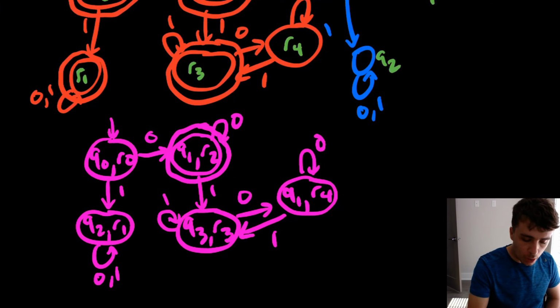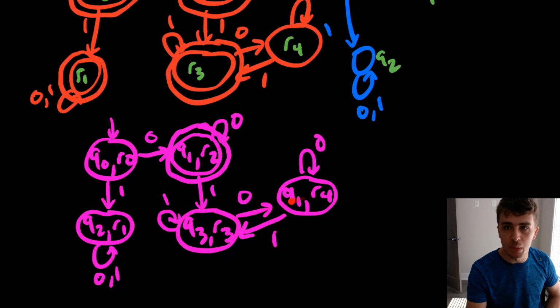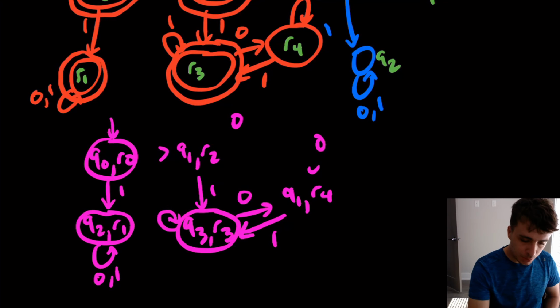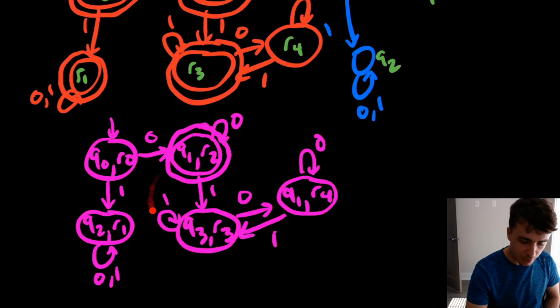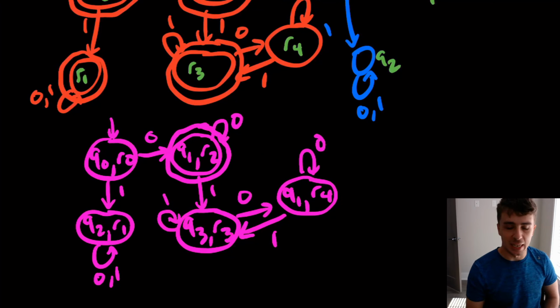So if it has a 1, that means it either started with a 1, which means we never accept, or we're over here in this state and we see a 1 at some point, which means we go to one of these two states, but neither one of them is final, which means we'll never accept anyway. So the only strings that are accepted are the strings of just zeros and have at least one occurrence of 0. So that's a verification that this actually does work in this case.